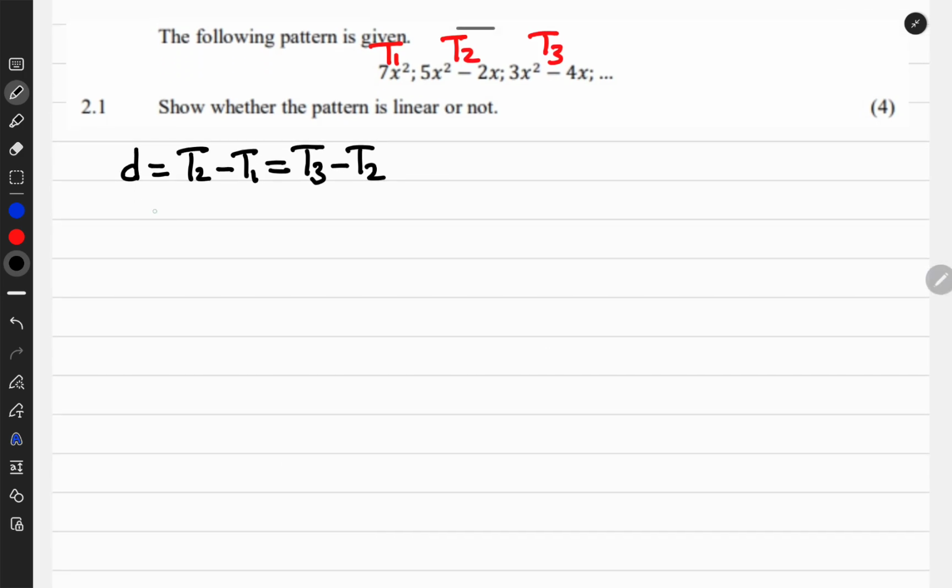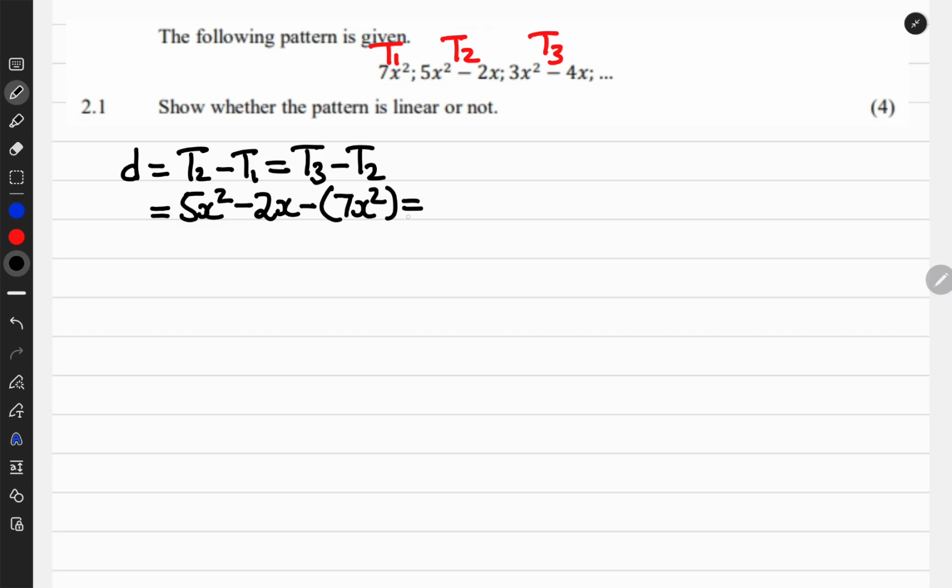So T2 is 5x squared minus 2x, minus T1, that's 7x squared.